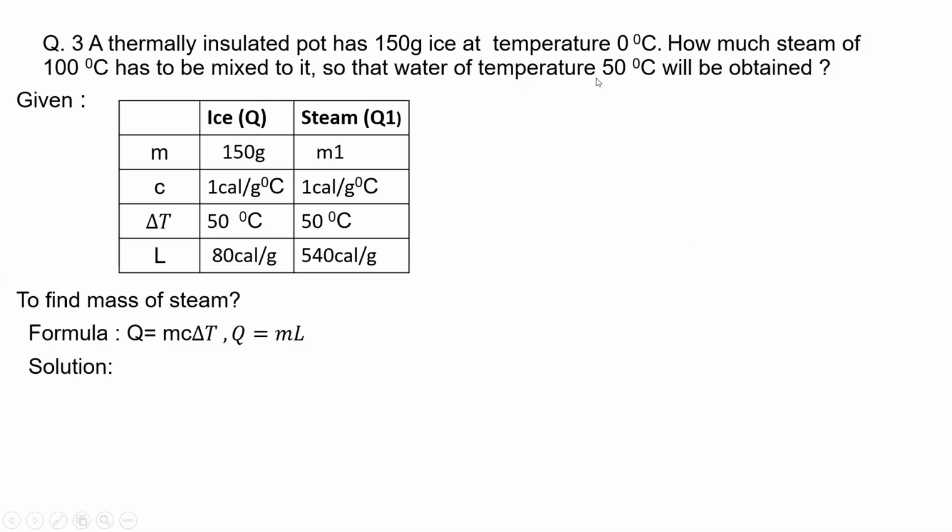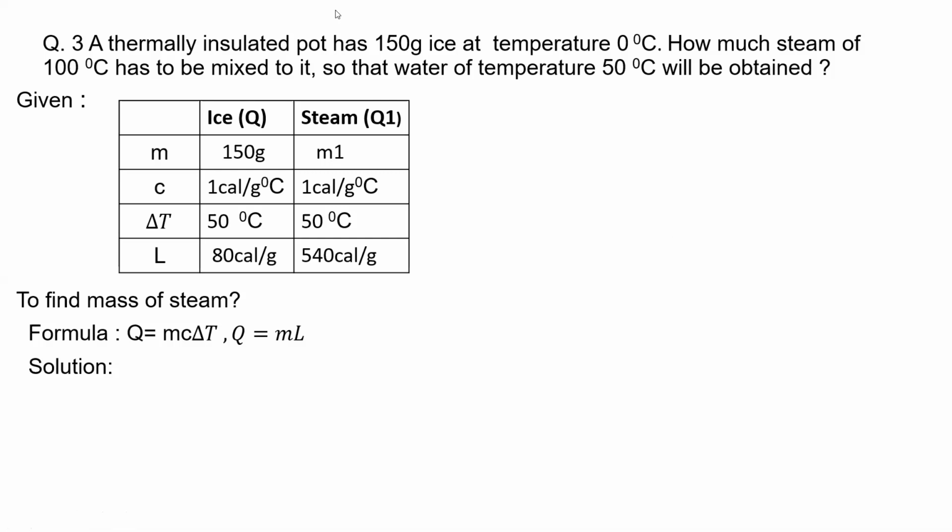So heat will flow from higher temperature to lower temperature. That means ice will absorb heat from steam. So steam temperature will decrease and ice temperature will increase. Because of increase in temperature, ice will melt.